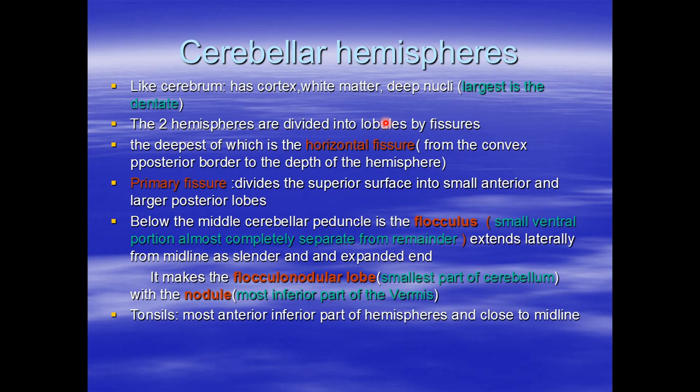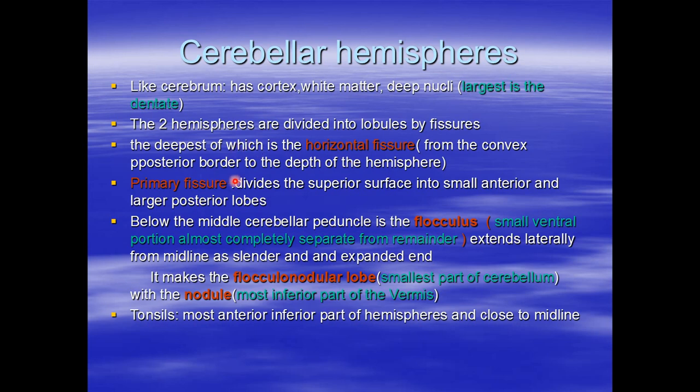The deepest fissure within the cerebellum is called the horizontal fissure, which extends from the convex posterior border to the depth of the hemisphere. The primary fissure divides the superior surface into small anterior and large posterior lobes. So the superior surface will be divided into anterior and posterior lobes by a primary fissure.